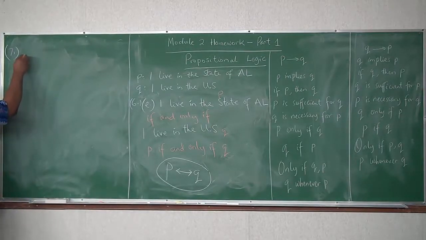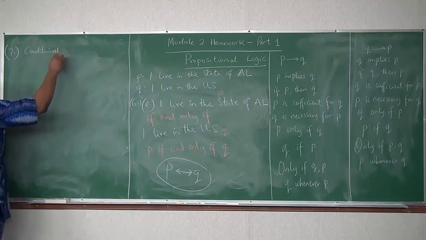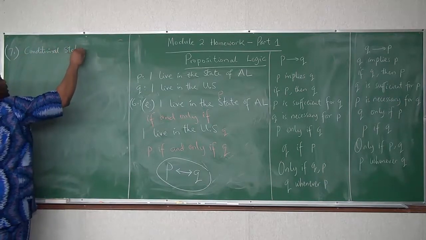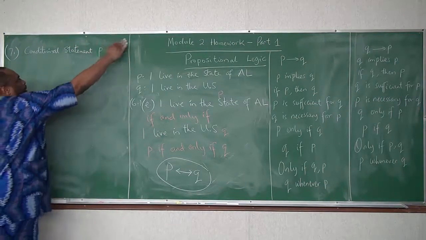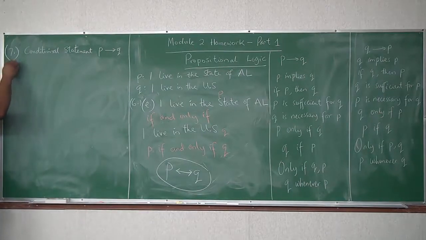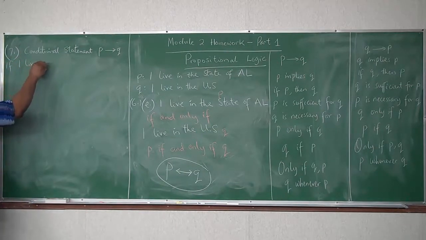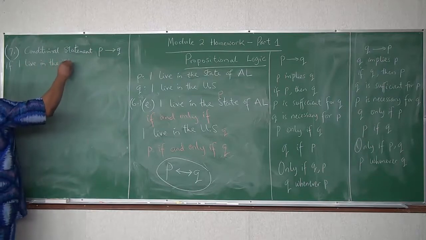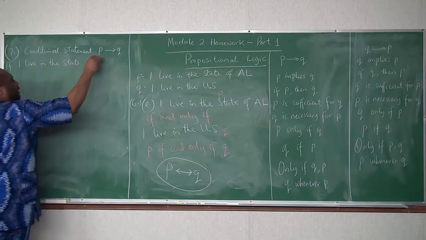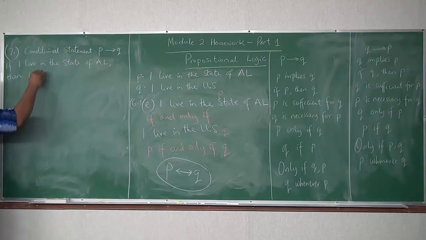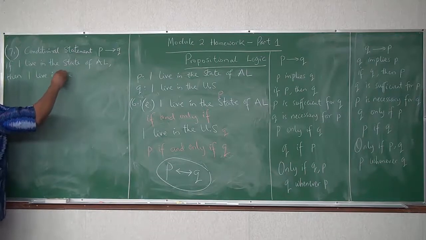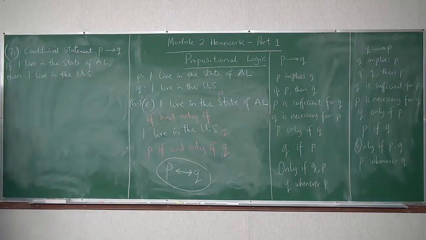So if I write a conditional statement, it would be P conditional Q. If I live in the state of Alabama, then I live in the US. That's the conditional statement.